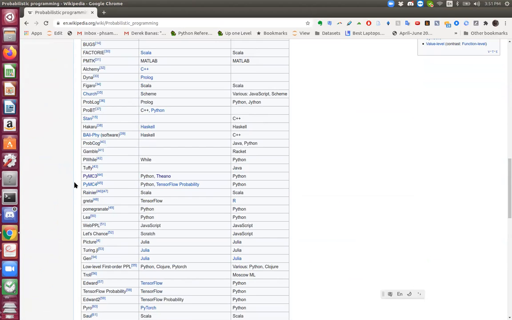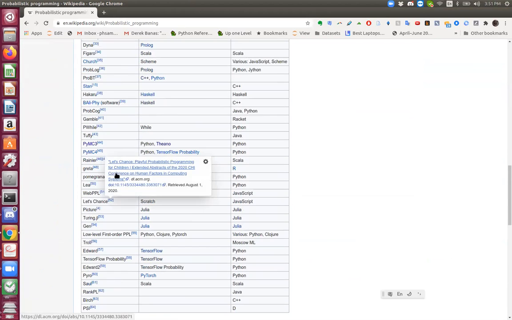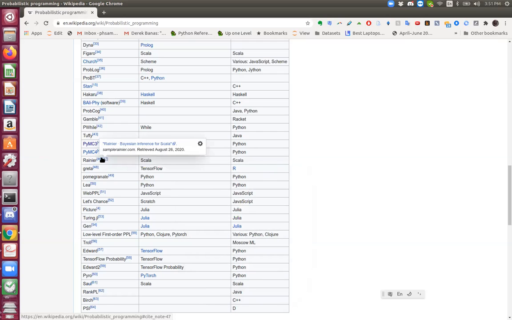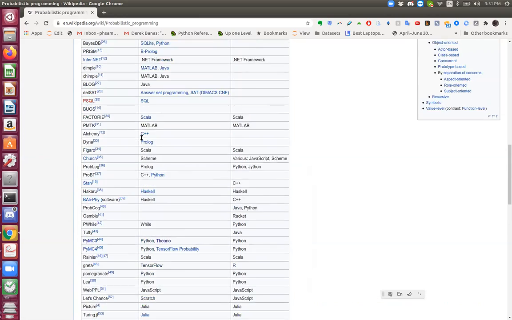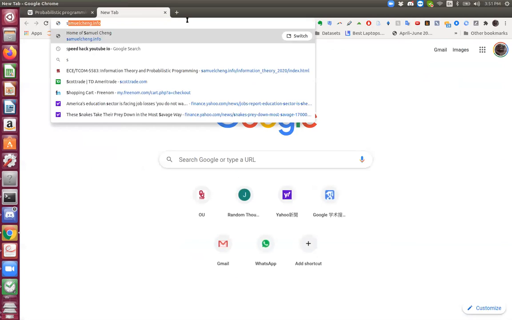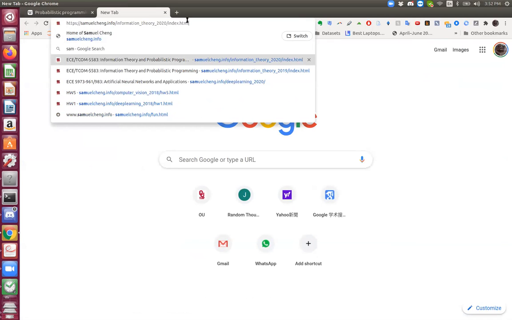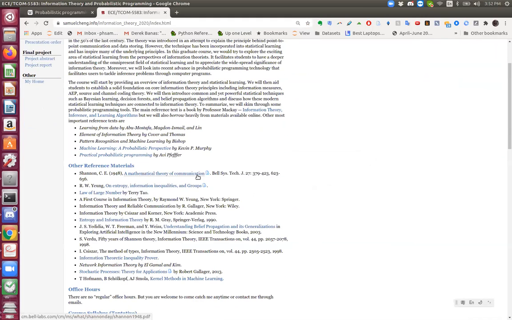I guess some of you asked me whether it is good to talk about Theano. Talking about Python and TensorFlow directly may not be good, but you can talk about TensorFlow Probability, let's say, and PyMC4, or PPLs. If you don't want to talk about packages, you can talk about information theory, for example MacKay's textbook.